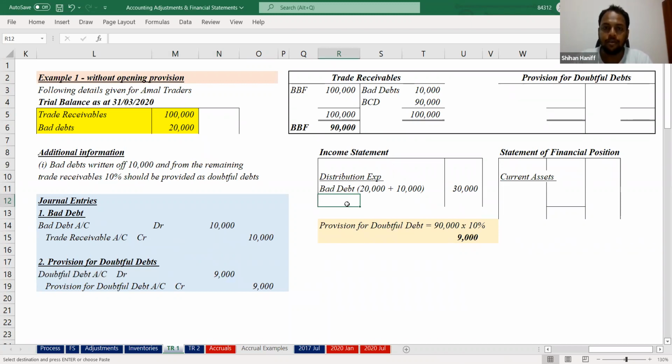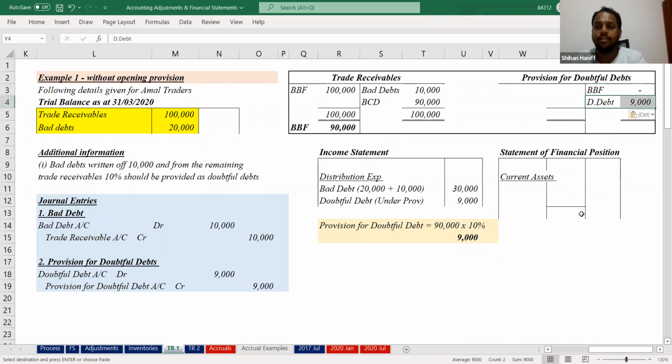Expense account debit 9,000, and provision for doubtful debt account credit. There is no opening balance, so leave the opening balance. And there is doubtful debt of 9,000. So the double entry is this.